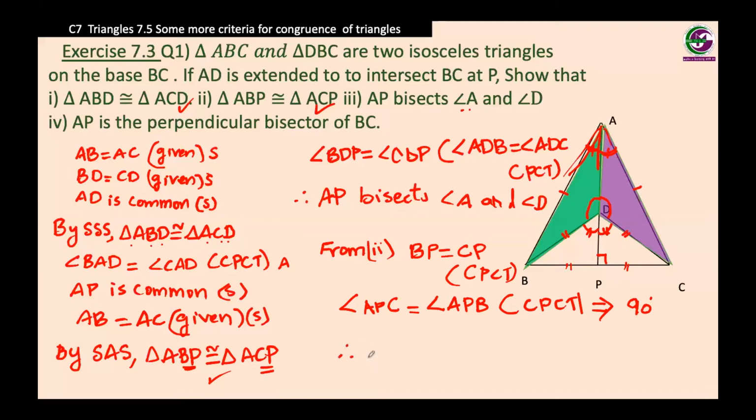Therefore, AP is the perpendicular bisector of BC.